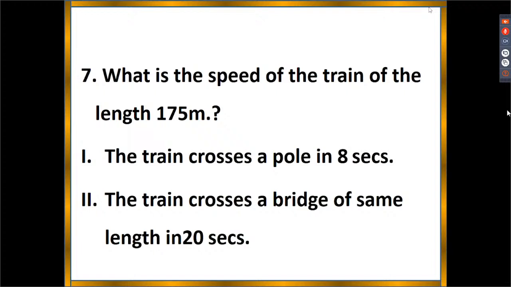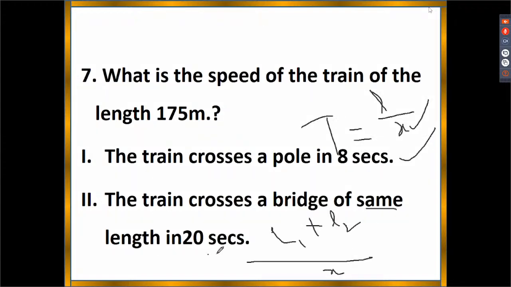Statement 2: the train crosses a bridge in 20 seconds. The bridge length is the same. What is the formula? T is equal to (L1 plus L2) by X. L1 is the length of the train and L2 is the length of the platform or bridge. Time T is 20, L1 is 175, and L2 is also the same, 175.